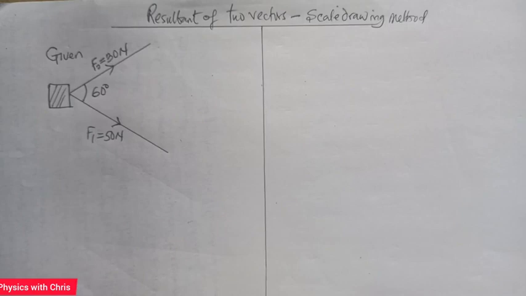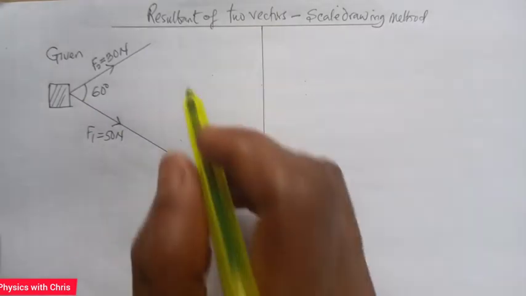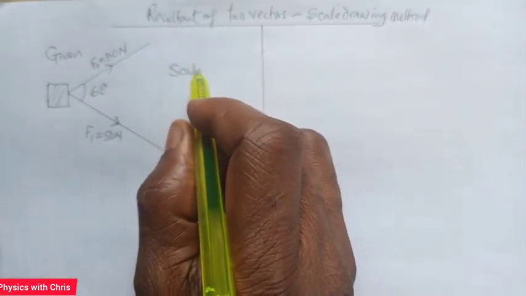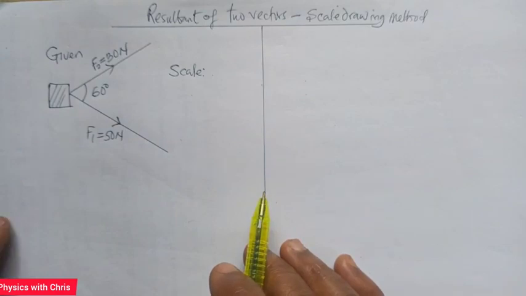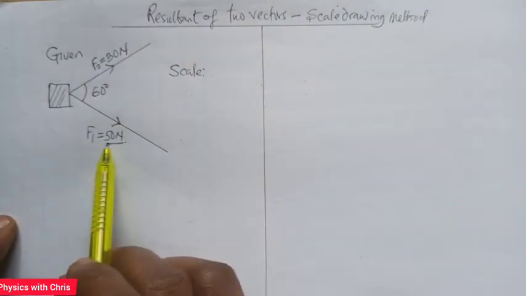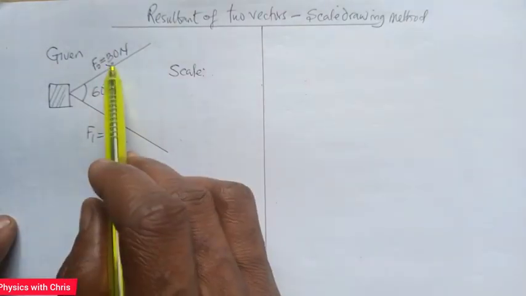Now suppose you are to find the resultant of these two vectors using triangle method and also by scale drawing. I'll start by choosing a suitable scale that will help me. This is a vector of magnitude 50 Newton, this is 30 Newton.